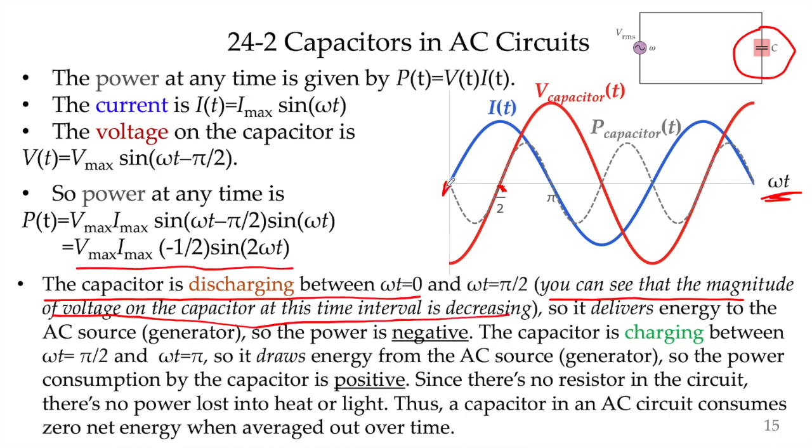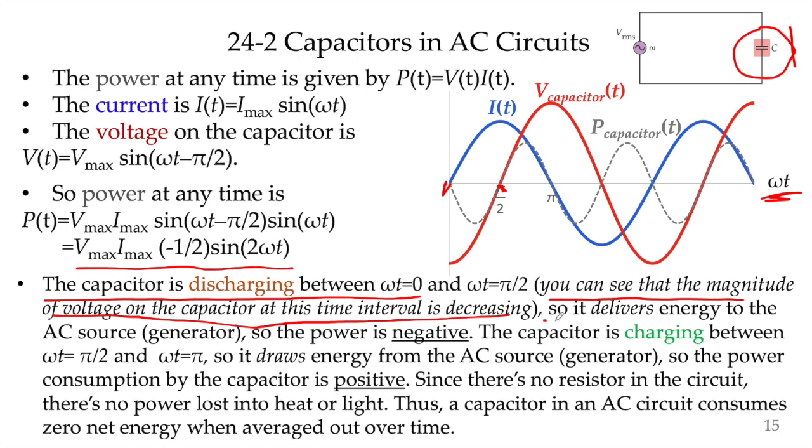Now look at the voltage from 0 to pi over 2. It's going from negative to 0, but what I mean is the magnitude of the voltage is decreasing. So the voltage of the capacitor is decreasing. That means it's discharging.